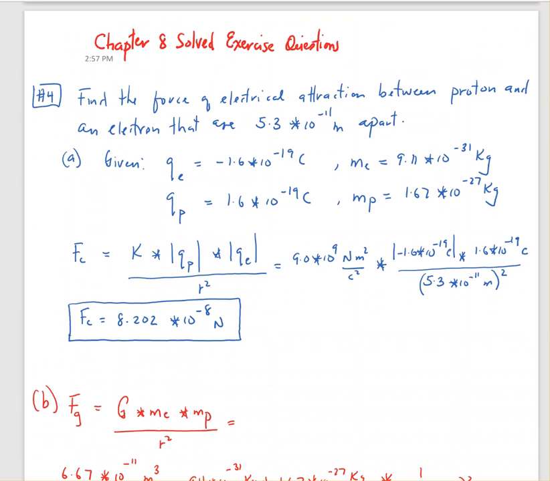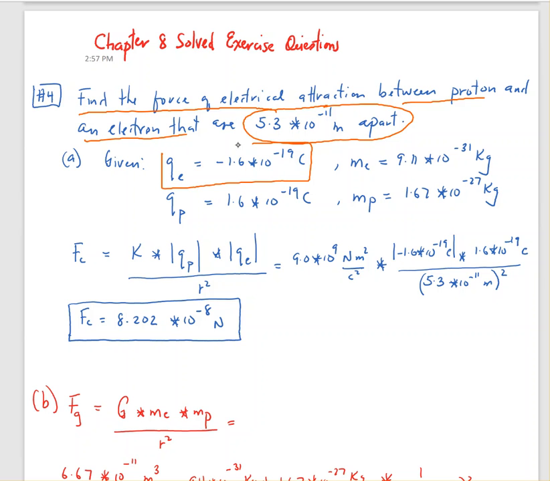Now we have another question that's similar to the previous one you just solved. Find the force of electrical attraction between a proton and an electron that are 5.3 times 10 to the negative 11 meters apart. We know these values from our textbook.